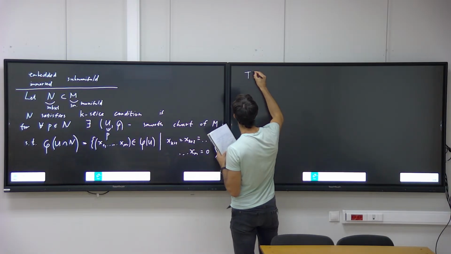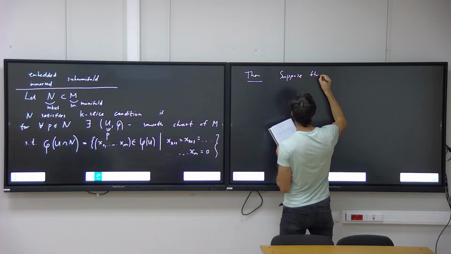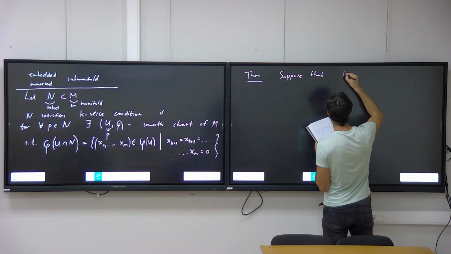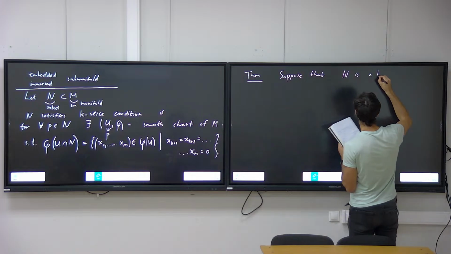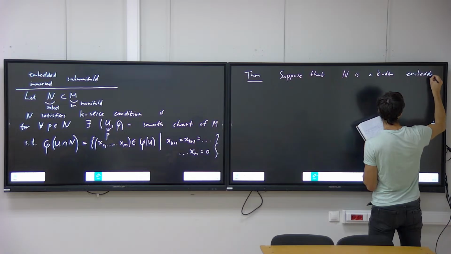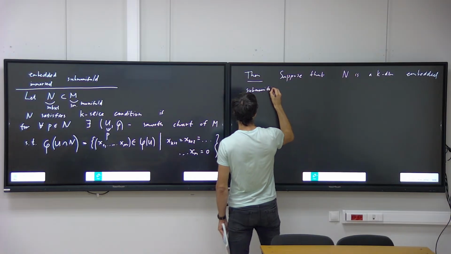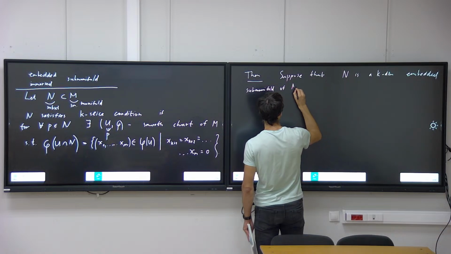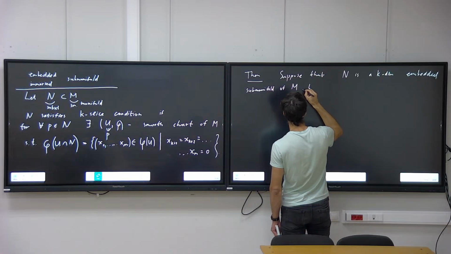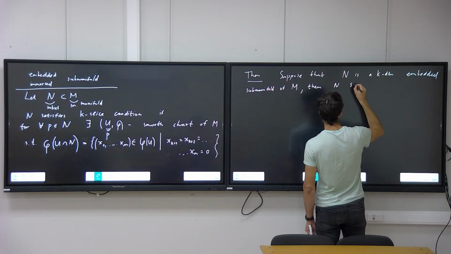And so the theorem is that suppose N is a k-dimensional embedded submanifold of M, then N satisfies the k-slice condition.